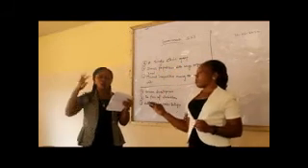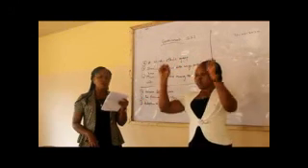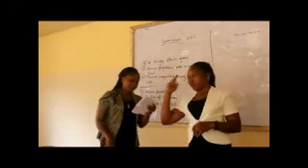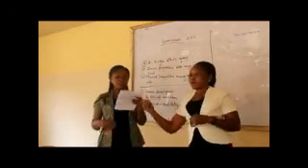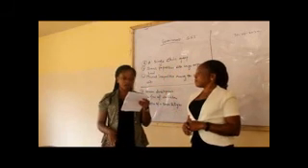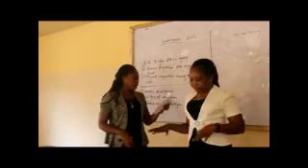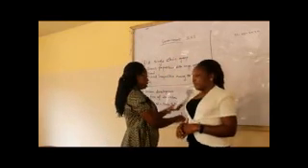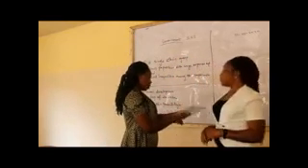Then the next question, a system of government in which one level of government exercises an overwhelming authority over others can best be described as dash. A, confederal government, B, parliamentary, and then C, unitary. Let me write it on the board.